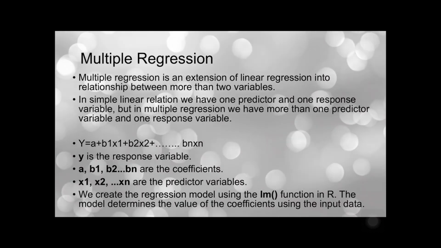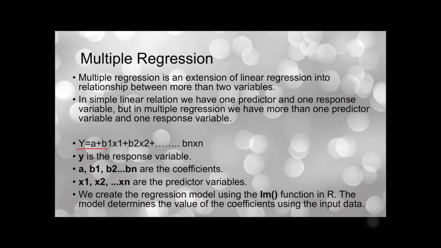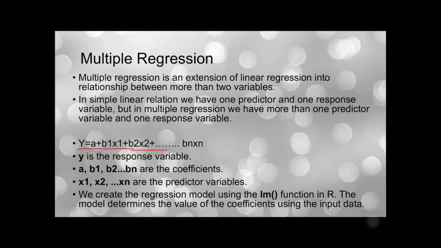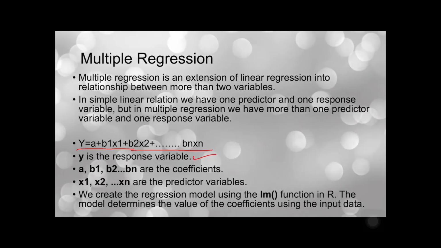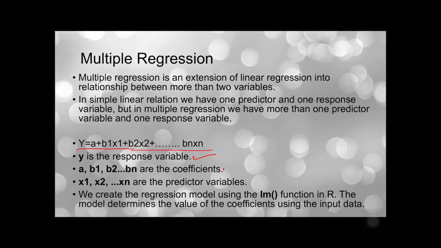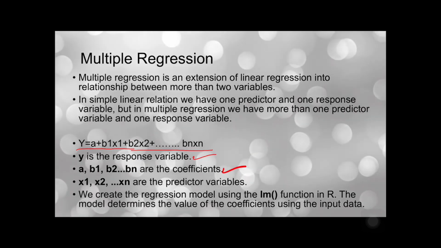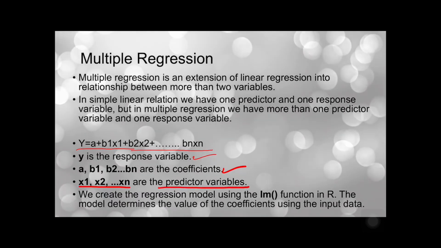The multiple regression equation is given by y = a + b1x1 + b2x2 + b3x3 and so on, where y is the response variable, a, b1, b2 up to bn are called coefficients of regression, and x1, x2 up to xn are called predictor variables.